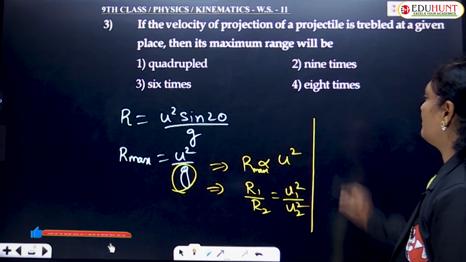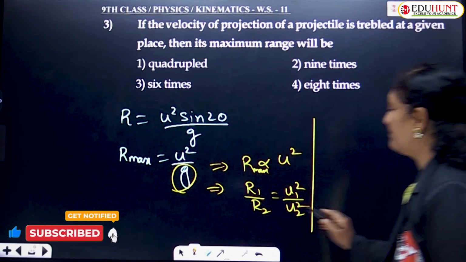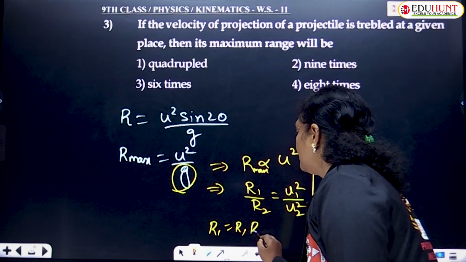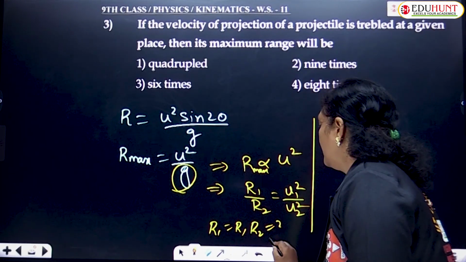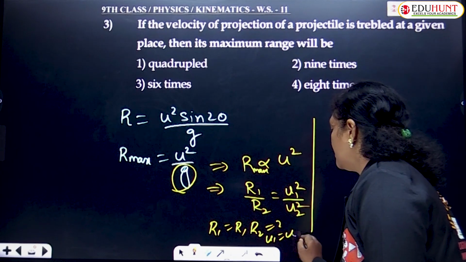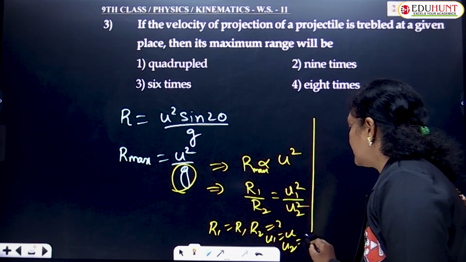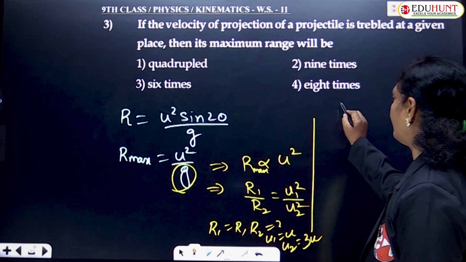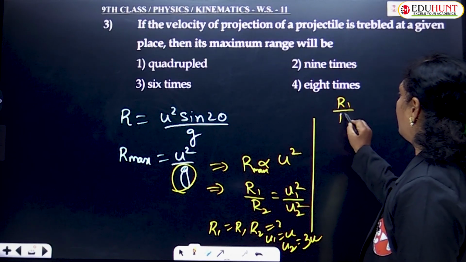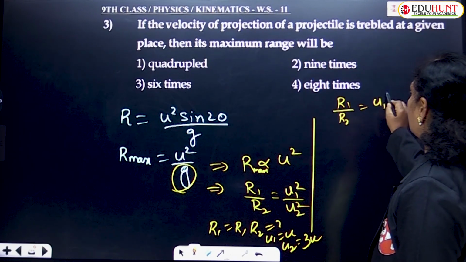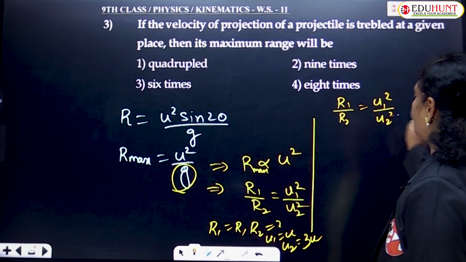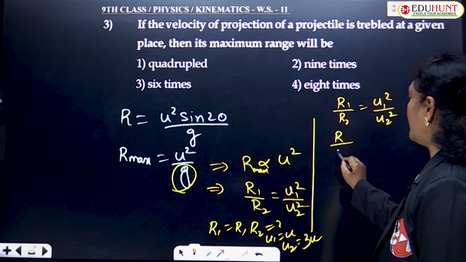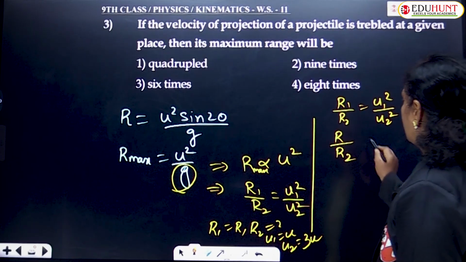So what is this equal to? What is given, children? If R1, I name it as R, you are asked to find out R2. U1 is U, U2 is tripled, 3 times of U. This is the given data. Based on that, R1 by R2 equals U1 square by U2 square. R1, name it as R. R2, I need to find out.